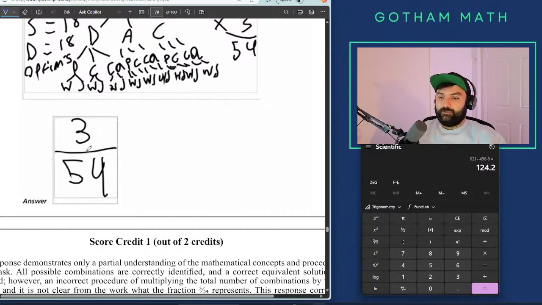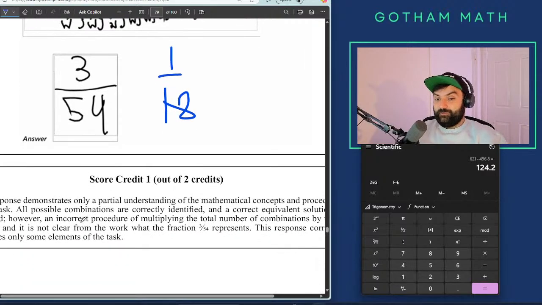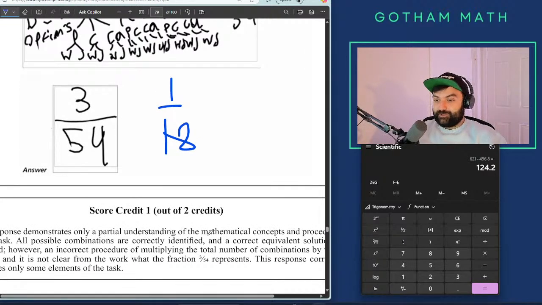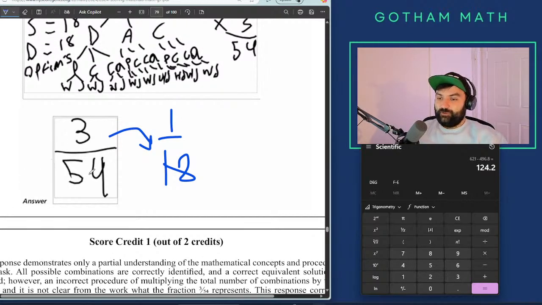Oh, hold on. Isn't 3 out of 54 actually 1/18th? It is. Yeah. Okay, whatever. Somehow you got it right, but make sure you know how to reduce.